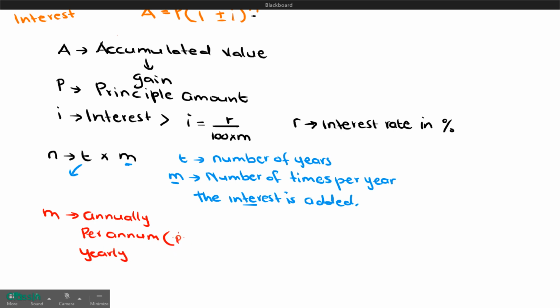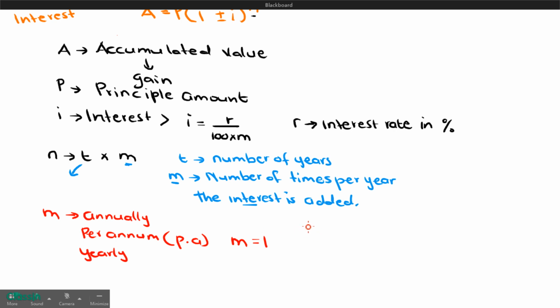This one they can say p.a., which refers to per annum. So if they say the interest is added annually, per annum, or yearly, the value of M equals 1.